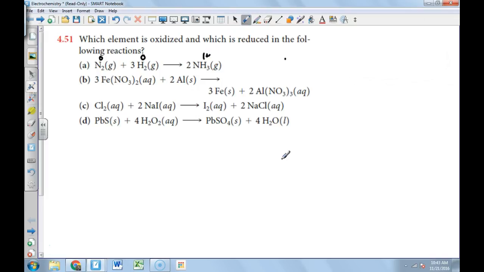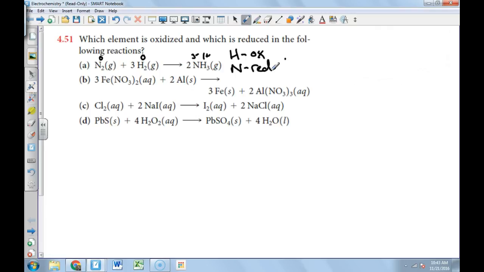There's 3 of them, so if hydrogen is 1+ and there are 3 of them, the nitrogen must be 3-. Because of that, hydrogen is gaining charge, so it's losing electrons. So hydrogen is being oxidized, and nitrogen is being reduced.